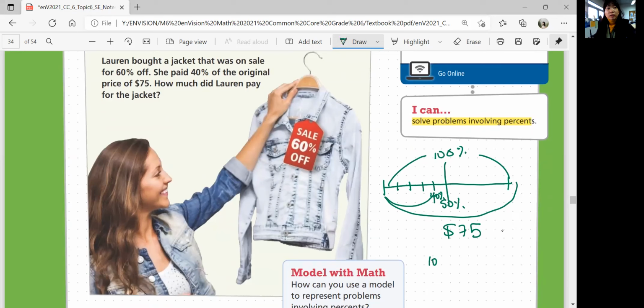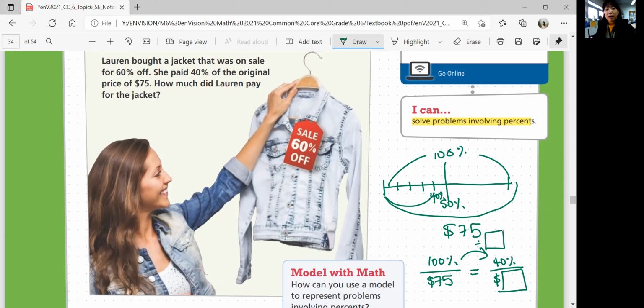So 100% is $75. And that should be the same ratio as 40% equivalent to how many dollars, right? So in order for 100 to become 40, you divide by what number?